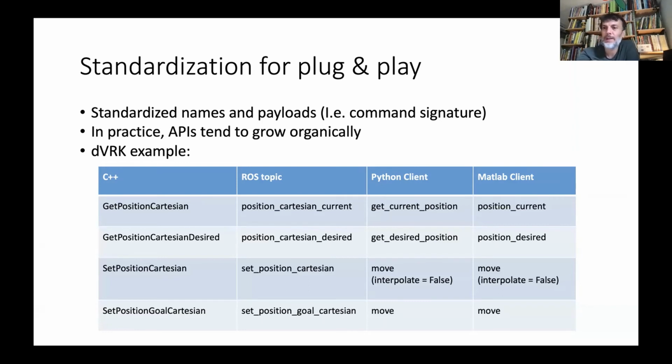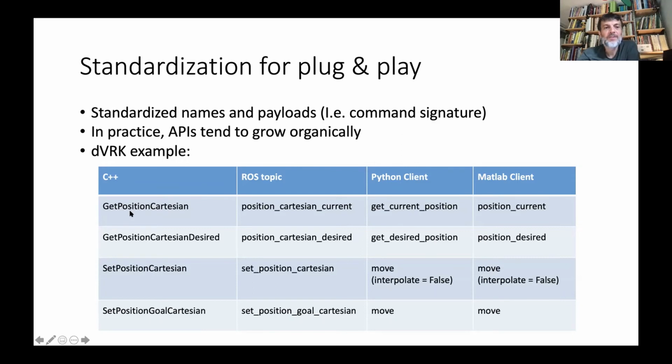I kept changing the names here and there so that the interfaces would match. And what happened is in practice, even if you make your best effort to define an API, new cases appear, and then you start having new names, and the names become too complicated. So here, what I want to show is a quick example of the dVRK, and I think some of your people have dealt with it and wondered what was happening.